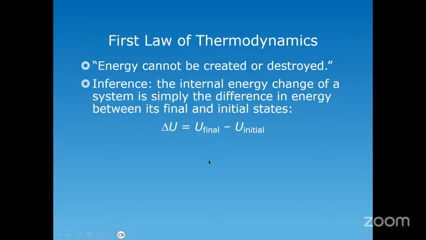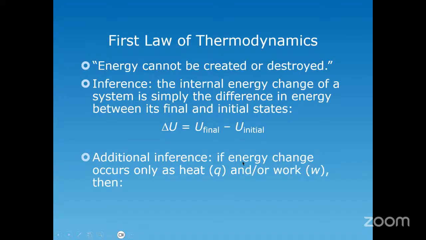The thing about this equation is that nobody has been able to determine what these values are. We do know that the change in internal energy is equal to the difference between the final and the initial, but to determine these is virtually impossible.